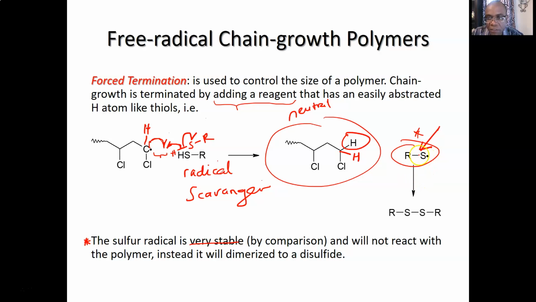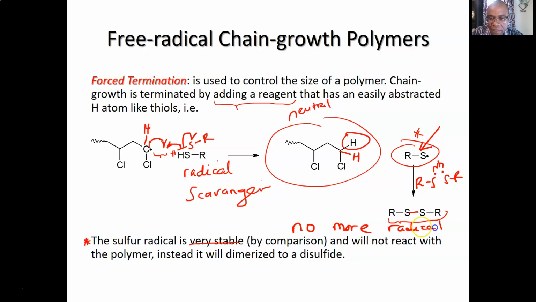And now this sulfur radical tends to join to another sulfur radical. So these two can join by homogenic bond formation, like you're bringing the two electrons together, you make a new bond. So overall, no more radicals.